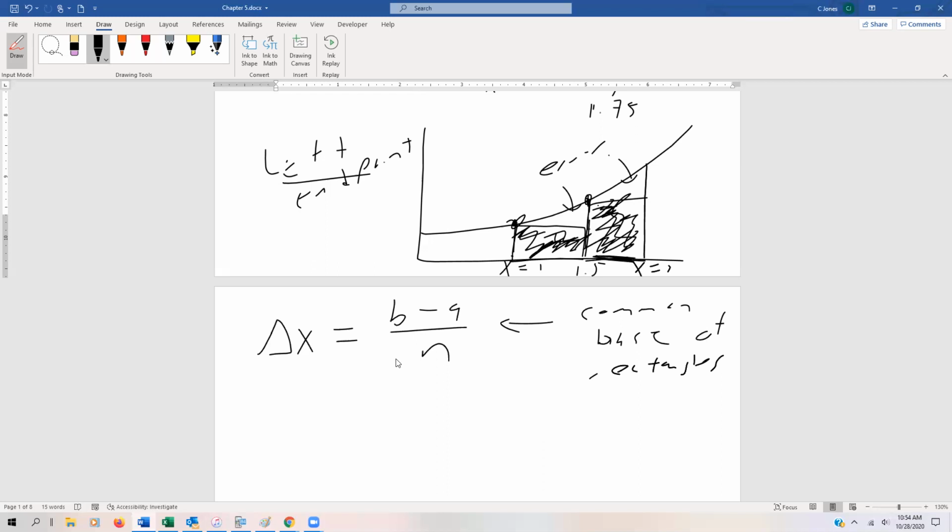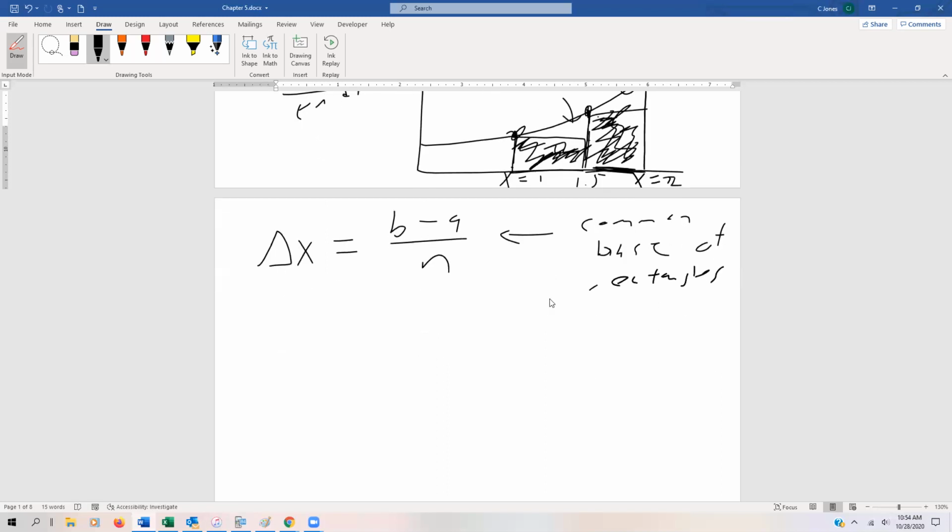If we were just to say 1.5 minus 1, and then since this is x equals 2, 2 minus 1.5. And so the formula for delta x is b minus a over n, where we're on the interval a to b, and n is the number of rectangles.